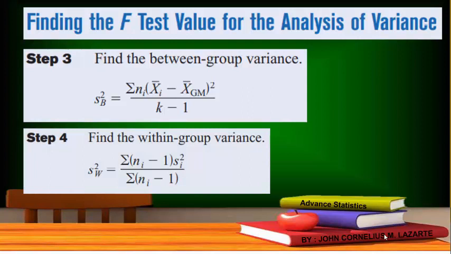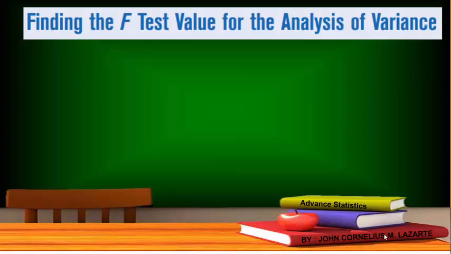And step 4 is finding the within-group variance, which is equal to the summation of the quantity n minus 1 times variance, all over the summation of n minus 1.